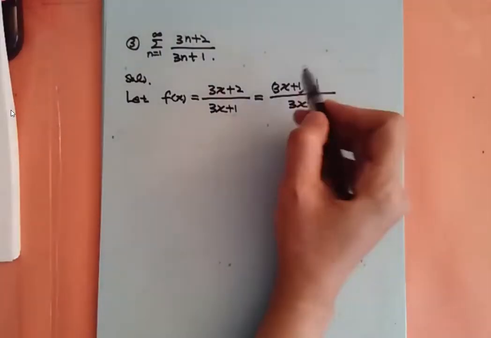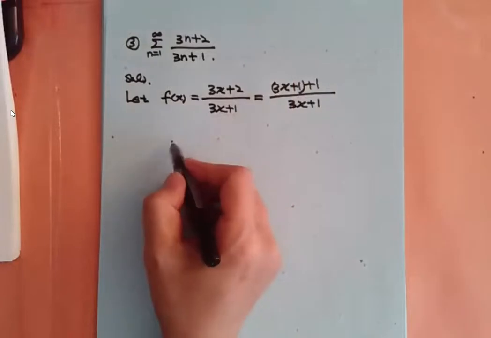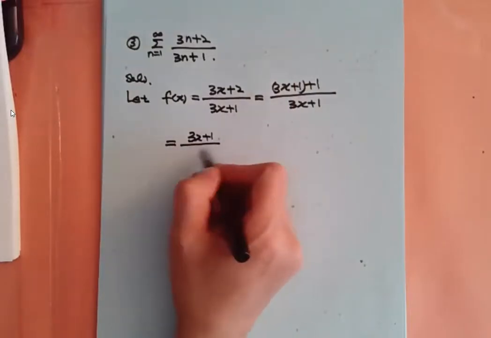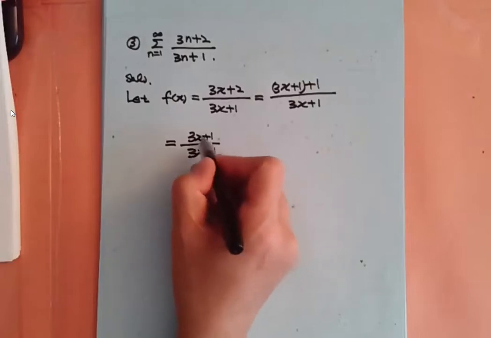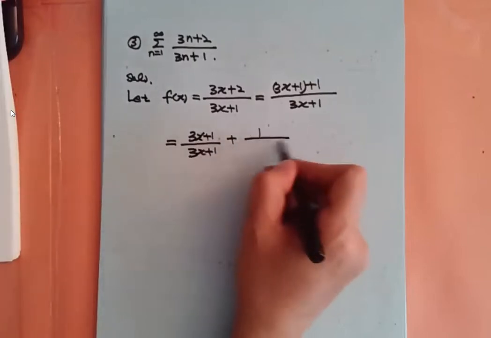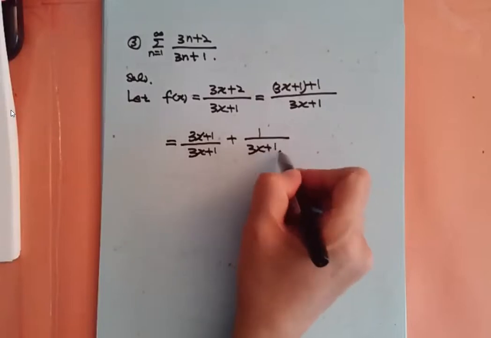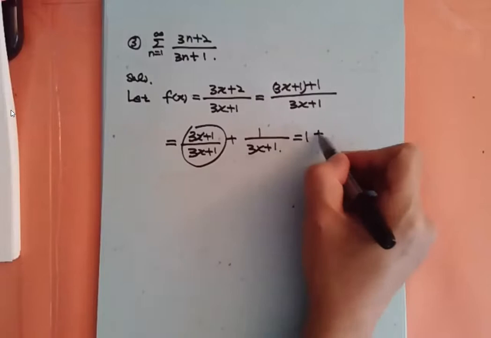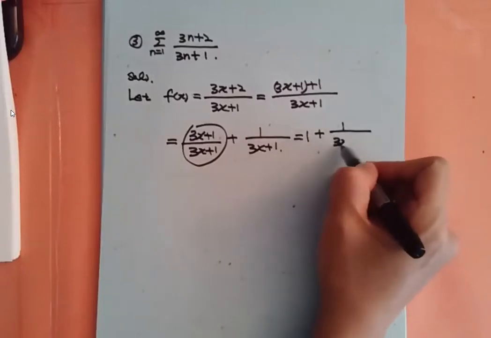So we made two parts and we separate that: 3x plus 1 over 3x plus 1, plus 1 over 3x plus 1. And then the first part becomes 1 and the second part is 1 over 3x plus 1.